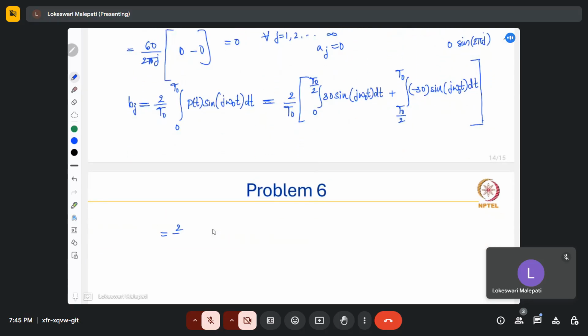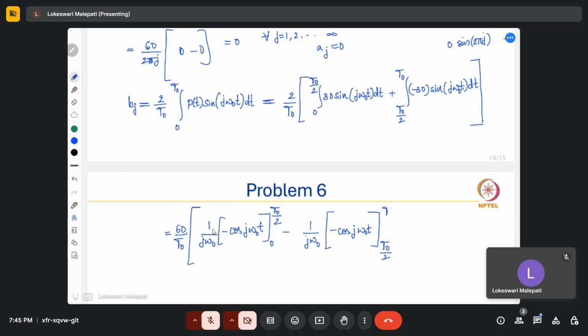So if you evaluate this integral 2 by t naught, again we can take 30 common, so that would be 60 by t naught, and here we have 1 by j omega naught minus cos j omega naught t between 0 to t naught by 2, and also minus 1 by j omega naught minus cos j omega naught t between t naught by 2 to t naught.